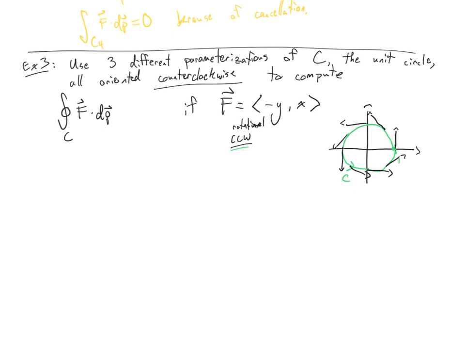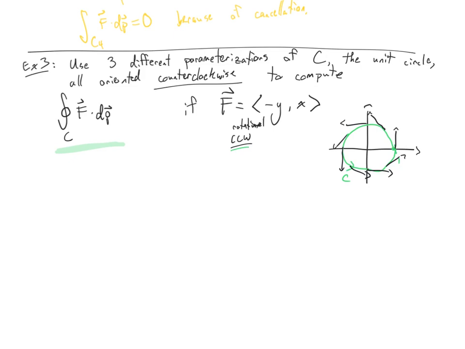The final note I want to point out is people use this notation for an integral, for a line integral, with a little circle in the integral sign for when the integral is happening over a closed curve.